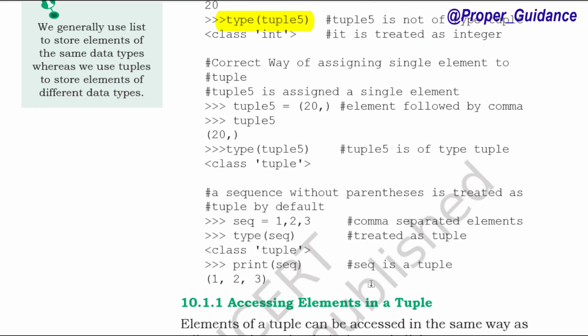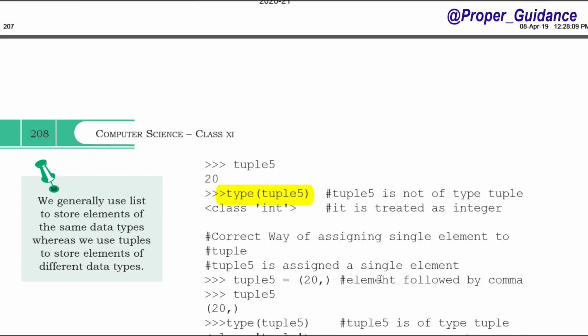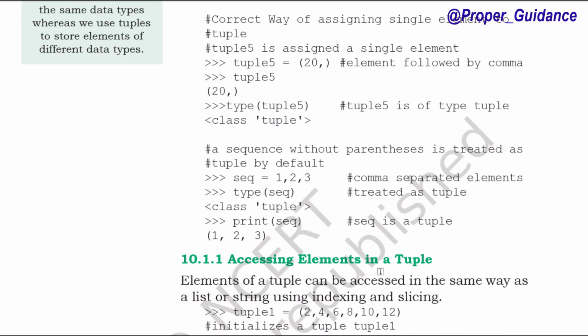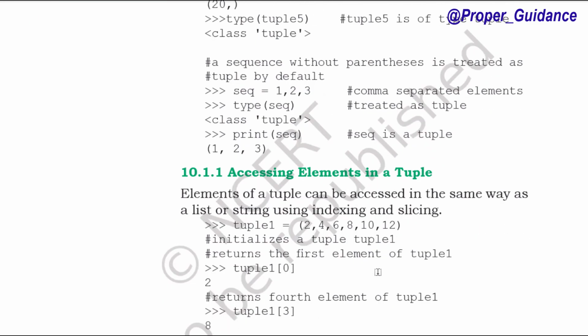So these are the ways of representing various elements and data types in a tuple in the Python programming language. Students, please go through all those things very minutely. If there is any problem or query, please feel free to ask me. Here we are following the NCERT study material for the basic concepts of Python programming.